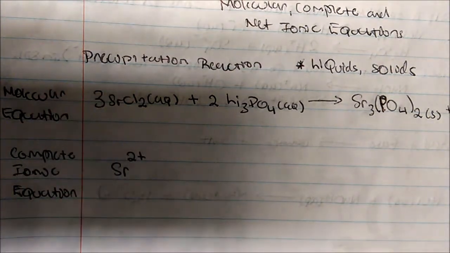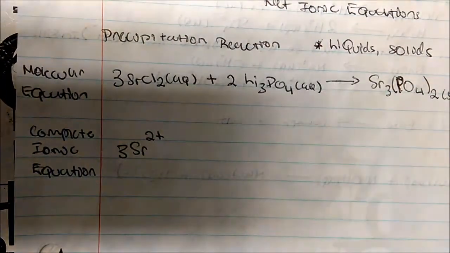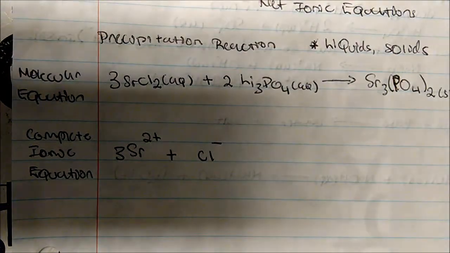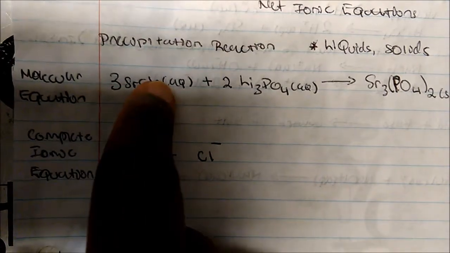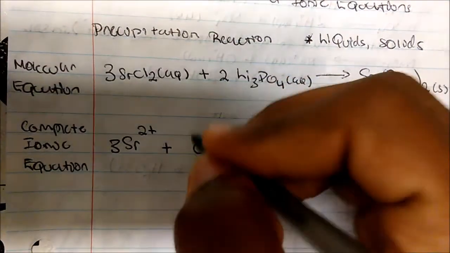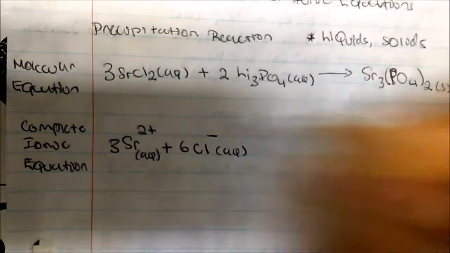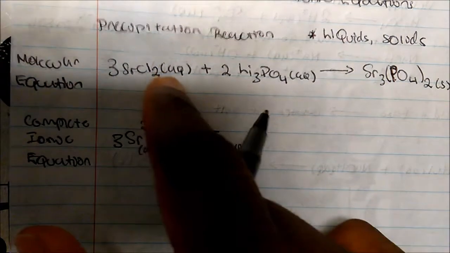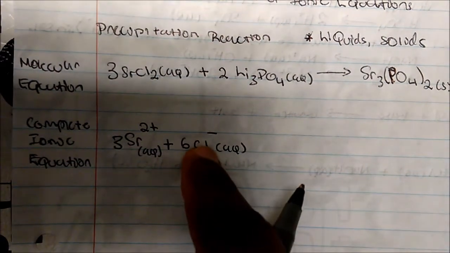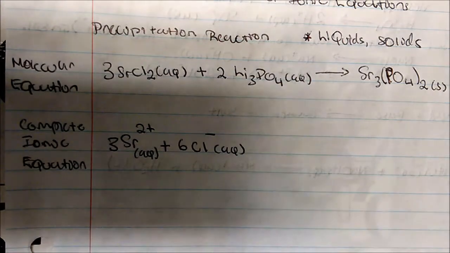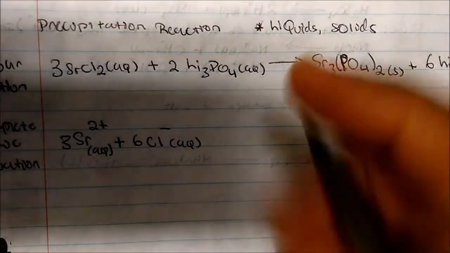Well, it's 3. So this would be 3 Sr2+ and Cl minus, but look, we have 3 times 2, which will actually give us 6 Cl minus aqueous, and we can't forget our subscripts here. So we have to multiply this 3 times this 2 to give us this 6 chlorine, okay? And all we're doing is distributing the coefficients to the actual atoms themselves, okay?